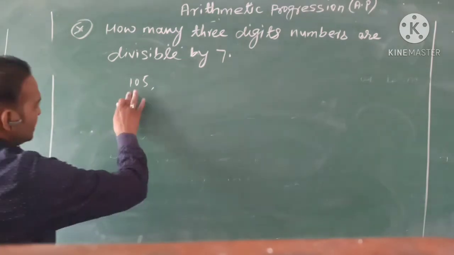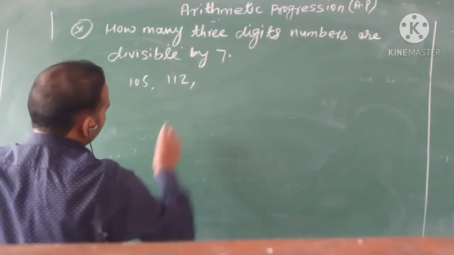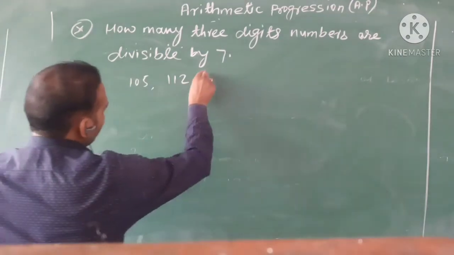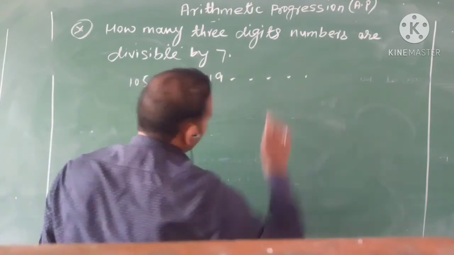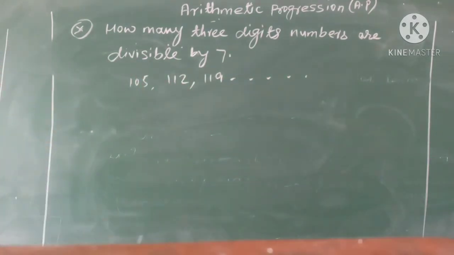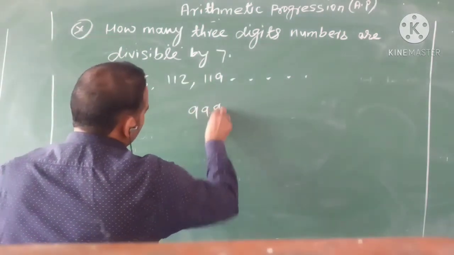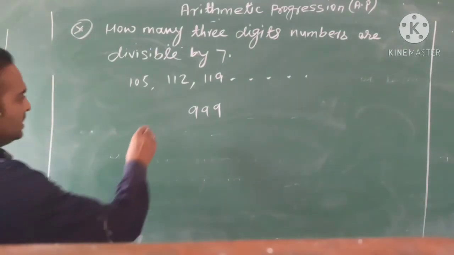The second one is 112, adding 7, then 119, and so on. How to find the last 3 digit number that is divisible by 7? Actually the last 3 digit number is 999, and we divide it by 7.